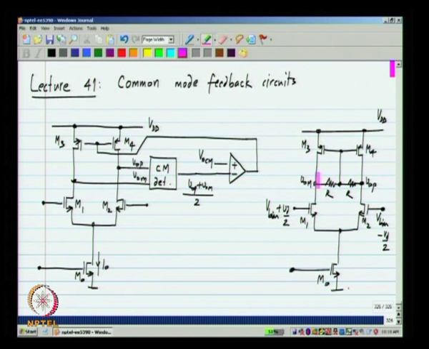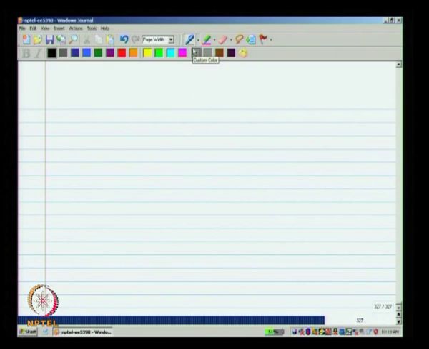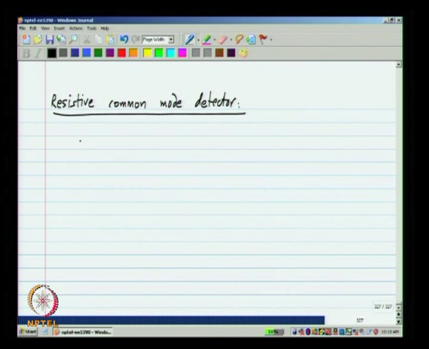Now, the only problem with a resistive common mode detector is that it will always load the op amp, or whatever stage we are detecting the common mode of. The advantage of a resistive common mode detector like this is that it is more or less ideal.